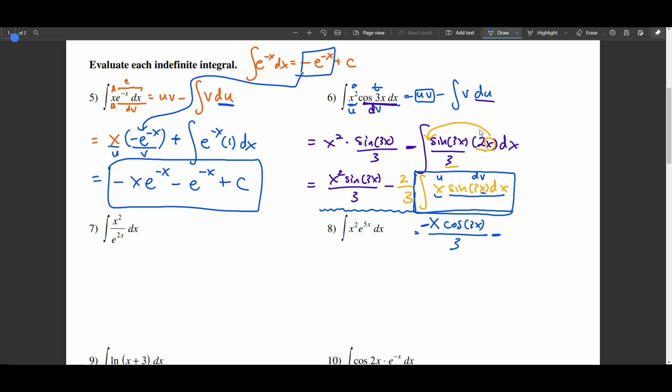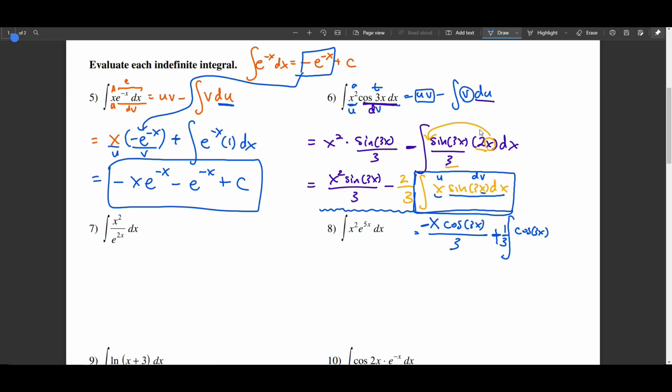Subtracted by the integral of minus the v. The v is minus cosine 3x over 3. The minus in the front combines with the minus that's already there in the formula to become positive cosine 3x over 3. But I'm just going to put that in the front. And then 1 on the top, and then our du.